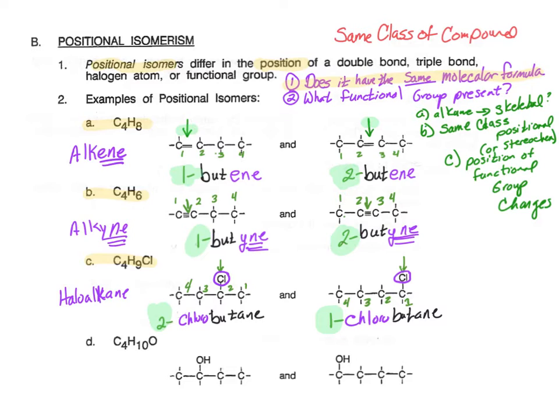Let's look at letter D. They have the formula C4H10O. So there's a possibility that they are isomers because they have the same formula. Next, we find the functional group here and here, and we see that they are OH, so they're both what class of compound? Hopefully you have that they are alcohols, and then we're going to name them.